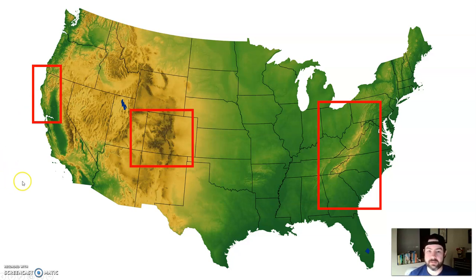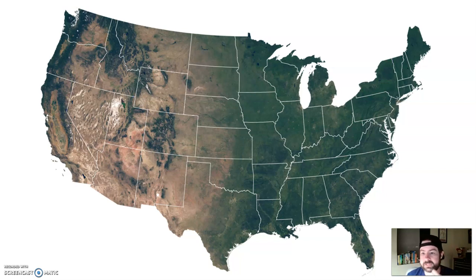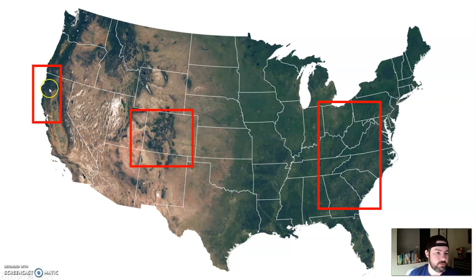The places around the U.S. that have the most mass wasting events are the places that have the most mountains. Go figure. But they can still happen in other places. Just kind of looking at a satellite view, again, there's the Appalachian Mountains here, the Rocky Mountains, and the coastal mountains of California.